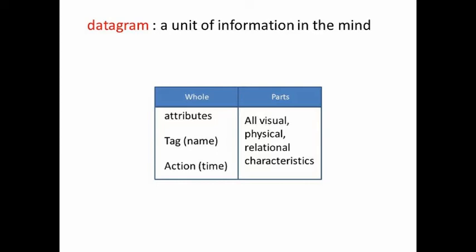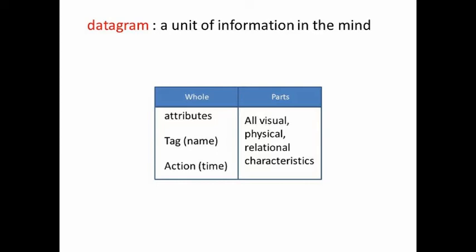So all of these have a definition, and they have a name, and there is an action if there is change by time. So anything affected by time, we call it action, should also be recorded in the whole. It's walking, it's changing, it's increasing, it's getting smaller, whatever is happening to that thing.